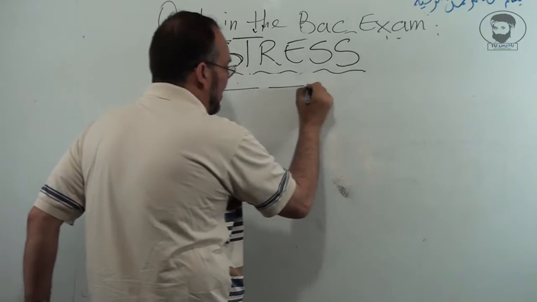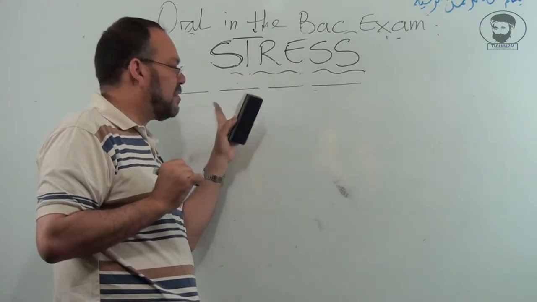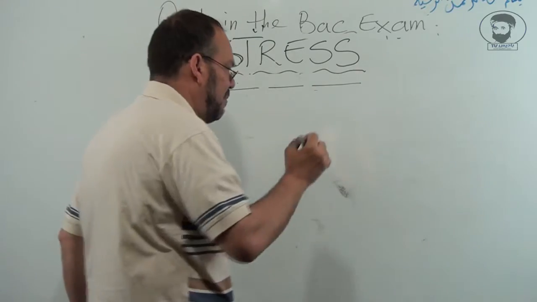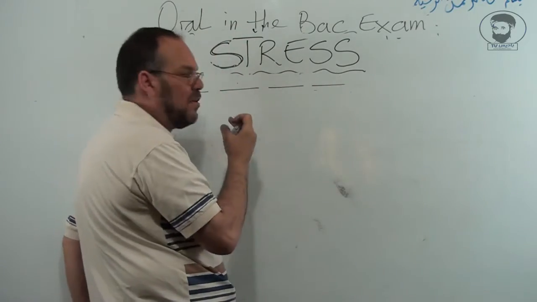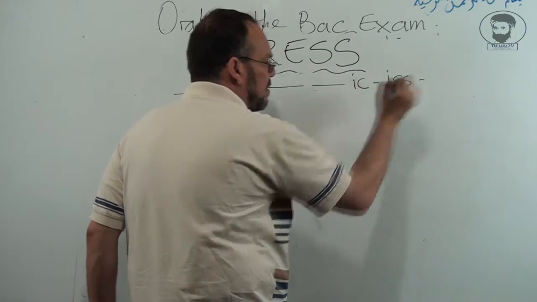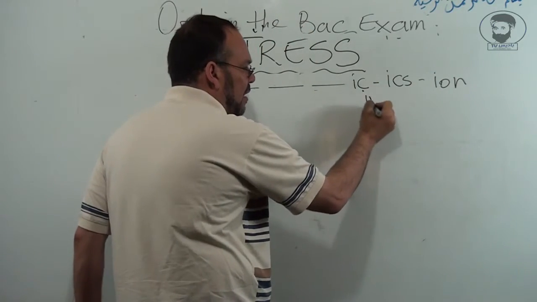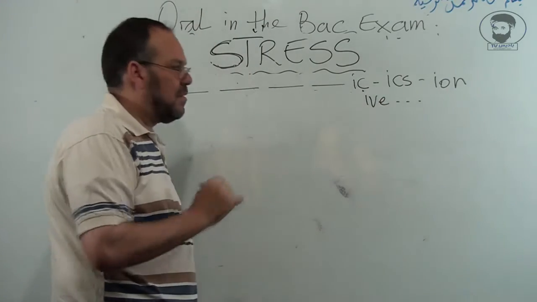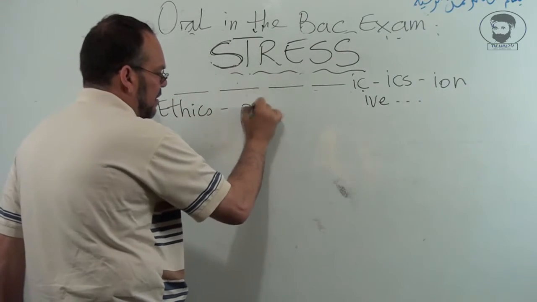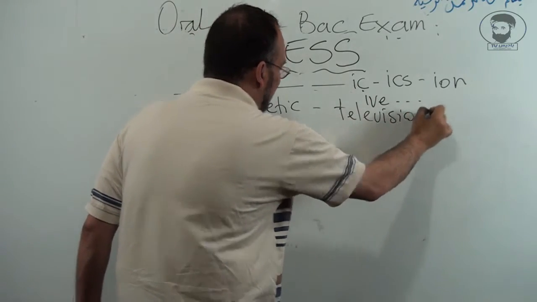Many syllables in the same word. For example, one syllable, two syllables, plus one is poly, it is multi-syllabic, a lot of syllables. Now, if this polysyllabic word finishes with IC, or ICS, or ION, or IVE, etc. Examples: ethics, poetic, television, protective.